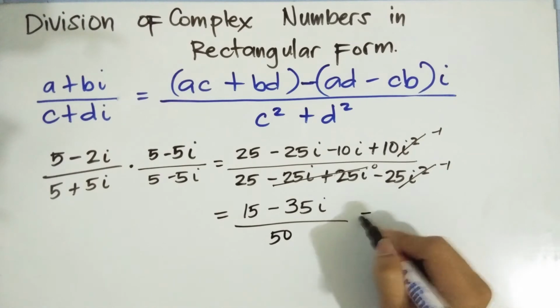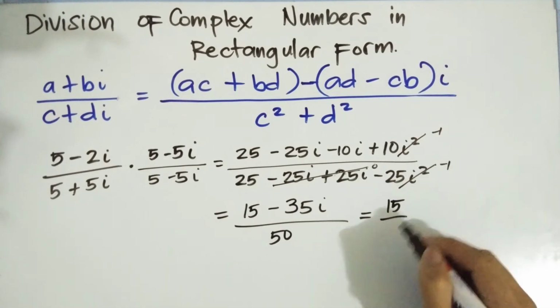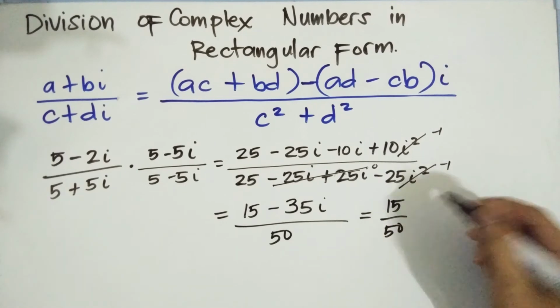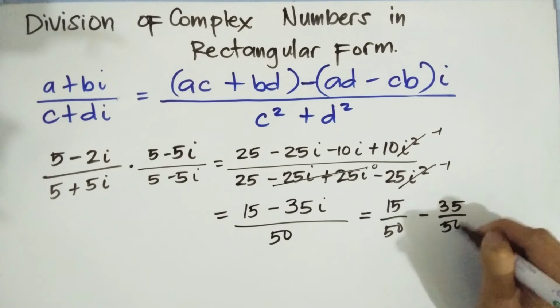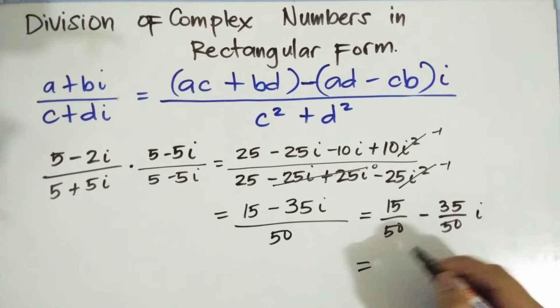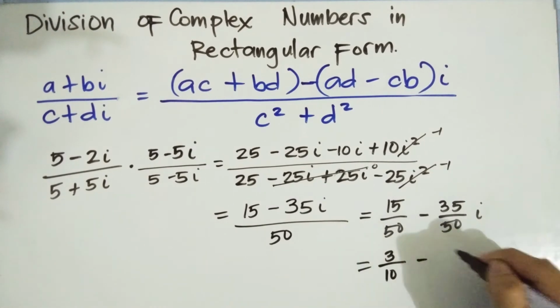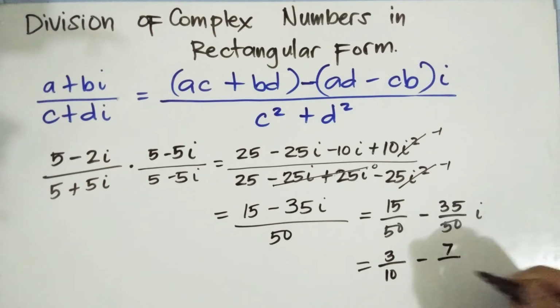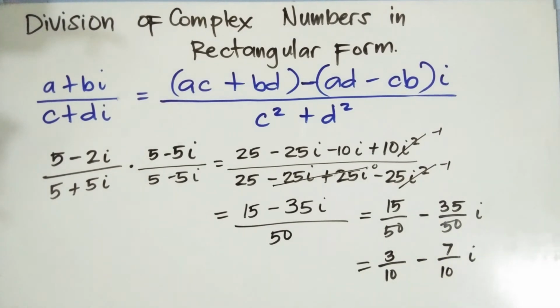We have here your answer, or simplifying further, we have 15 over 50 minus 35 over 50 times i. We can still simplify this. That would be 3 over 10 minus 7 over 10 i.